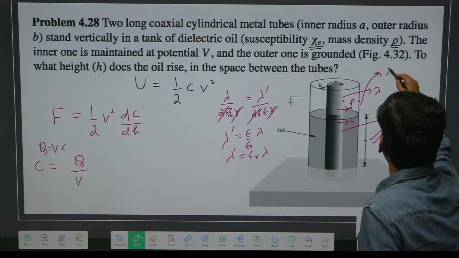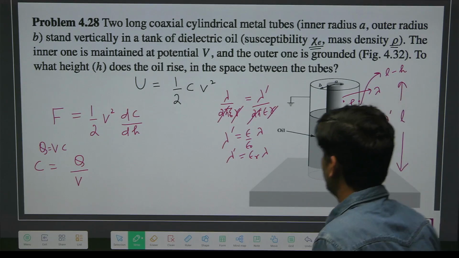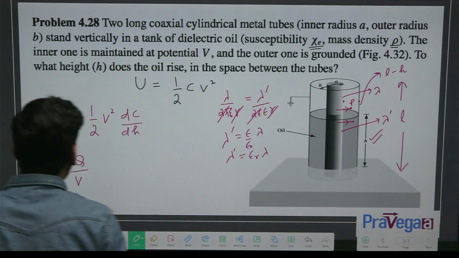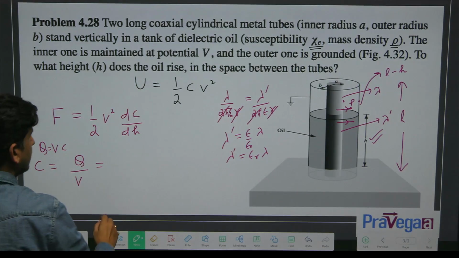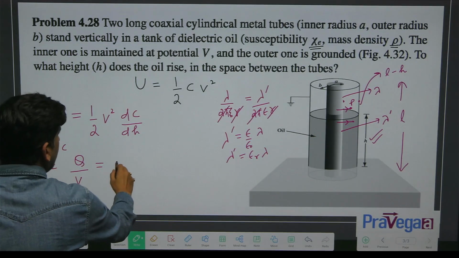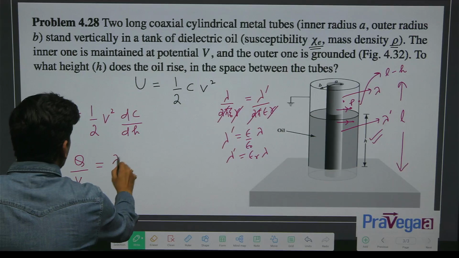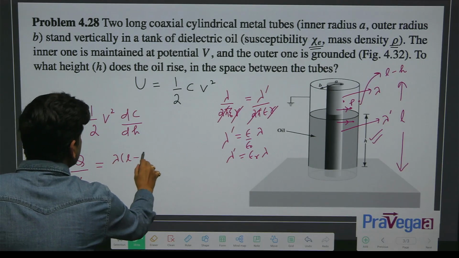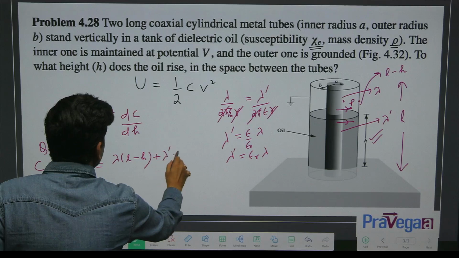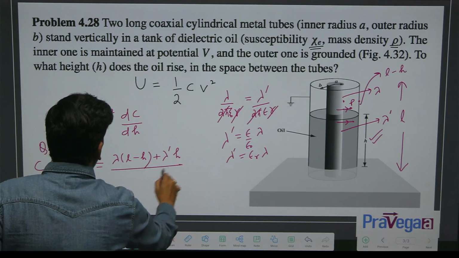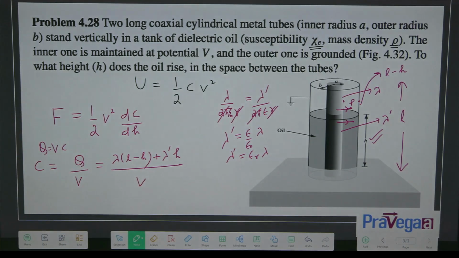This length will be L minus h. So the total charge will be lambda into (L minus h) plus lambda dash into h, upon V. This will be your capacitance.